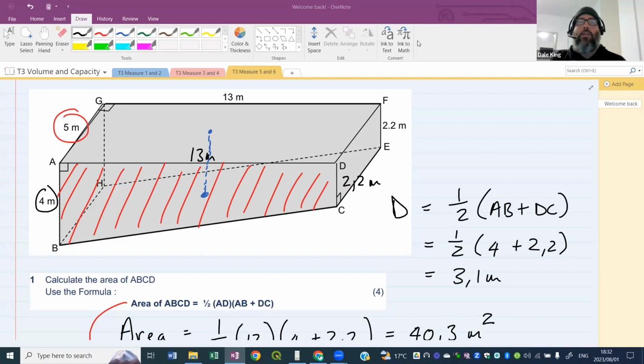Just having a quick look at these temperatures here. Jersey, PMB 11. PMB is near me, 11. 7. 1.